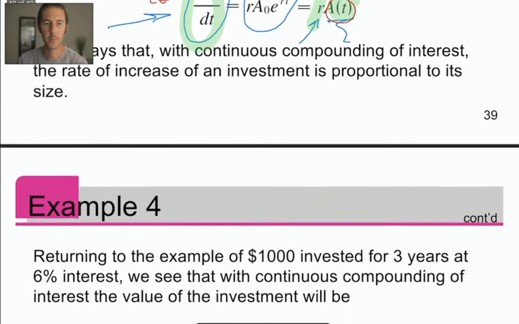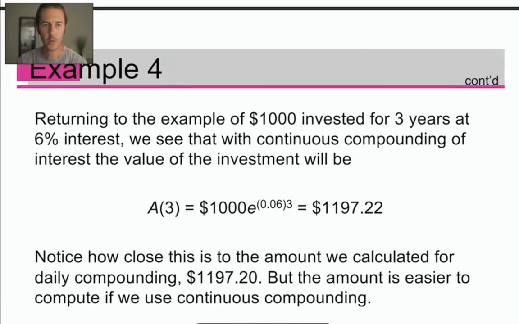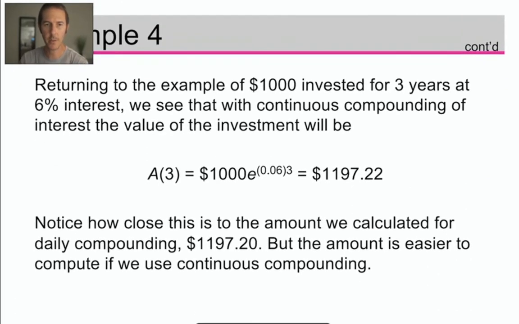Interesting. So example 4, returning to our example where we were investing $1,000 for 3 years at 6% interest, we can see that with continuous compounding of our interest, plugging in the $1,000 as our A sub 0, our initial value, and we were given our k value of 0.06, our time value of 3 years, we're in the calculator, and we get a final answer of 1197.22.